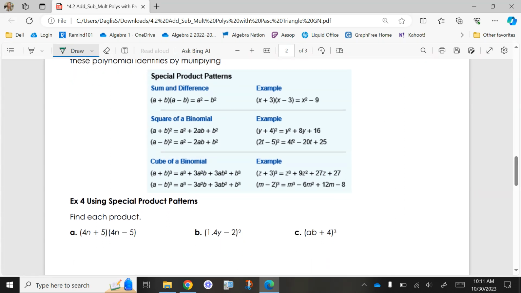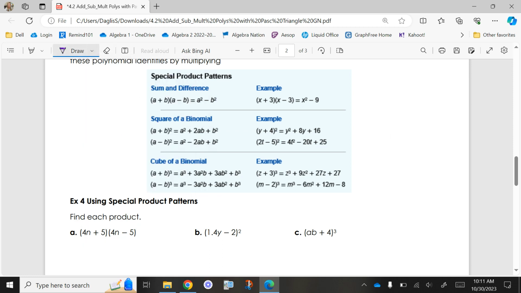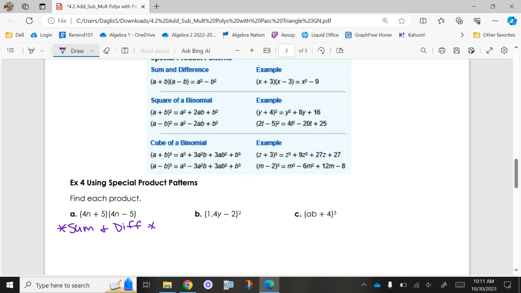So I have 4n plus 5 and I have 4n minus 5. Which special pattern does that follow? Yes, this is the sum and difference. Which means I can set it up by doing a squared minus b squared. What's my a? 4n. What's my b? 5.